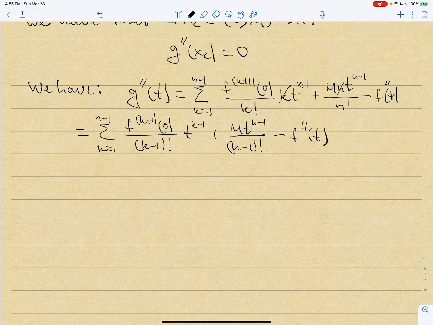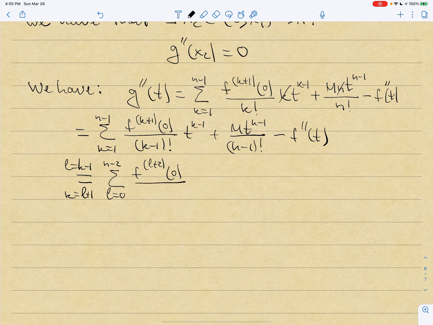And I again can change the index, make L equal to k minus 1 so that k is L plus 1. Then my sum is going to be from L equal 0 to L equal to n minus 2, right? Because L is 1 less than k. Then my k plus 1 becomes L plus 1, so the derivative is L plus 2 evaluated at 0 over L factorial times t to the L. The rest is unchanged.